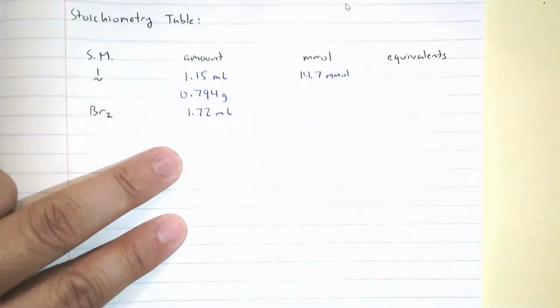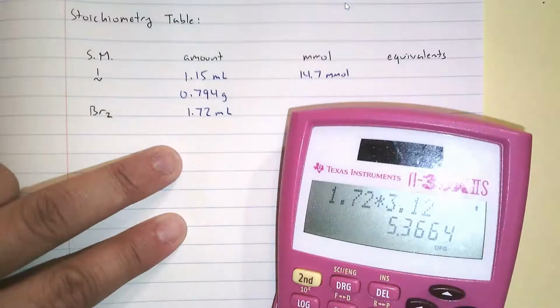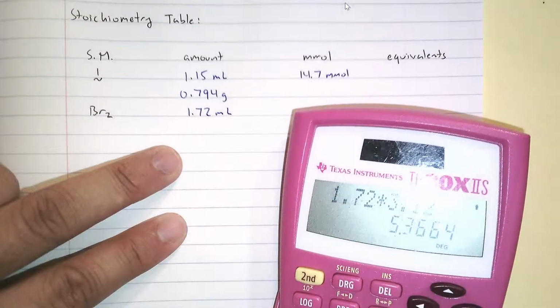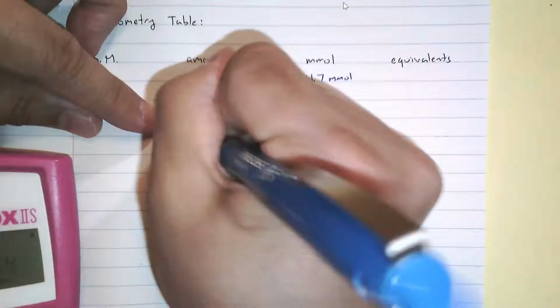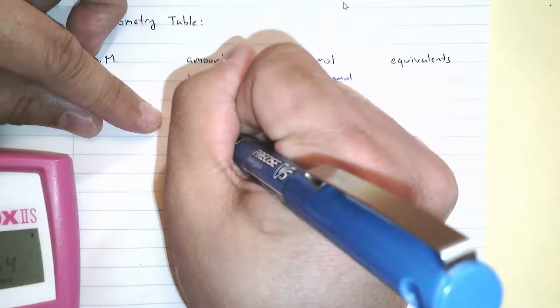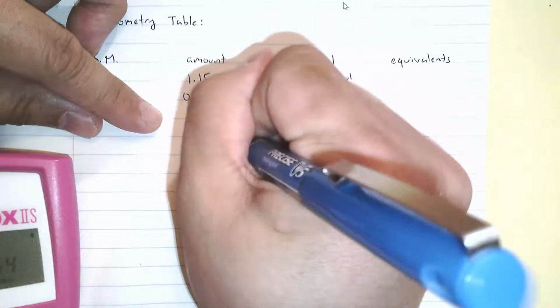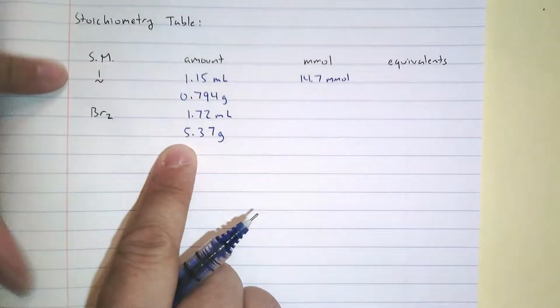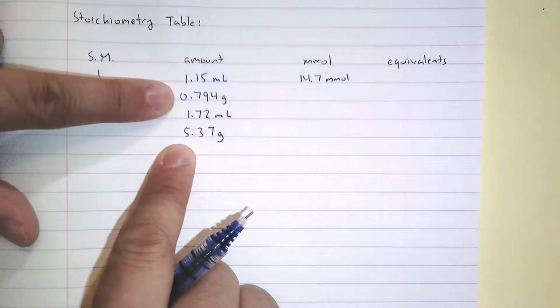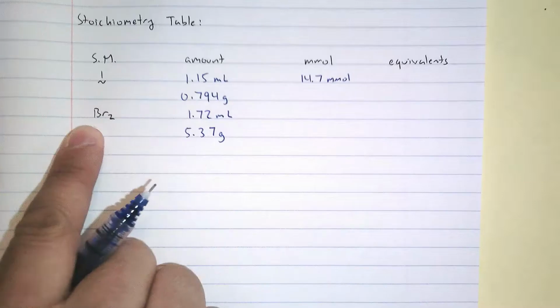Is that really grams? That's a lot. Okay, let's do it. 5.37 grams. It's a lot compared to the 2-butene, but it also has a larger molecular weight.